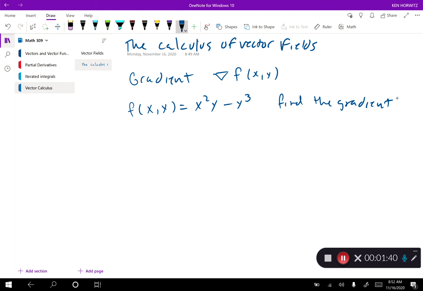Hopefully you started with the partial with respect to x and the partial with respect to y. I have 2xy for my partial with respect to x, and for my partial with respect to y, I have x squared minus 3y squared.